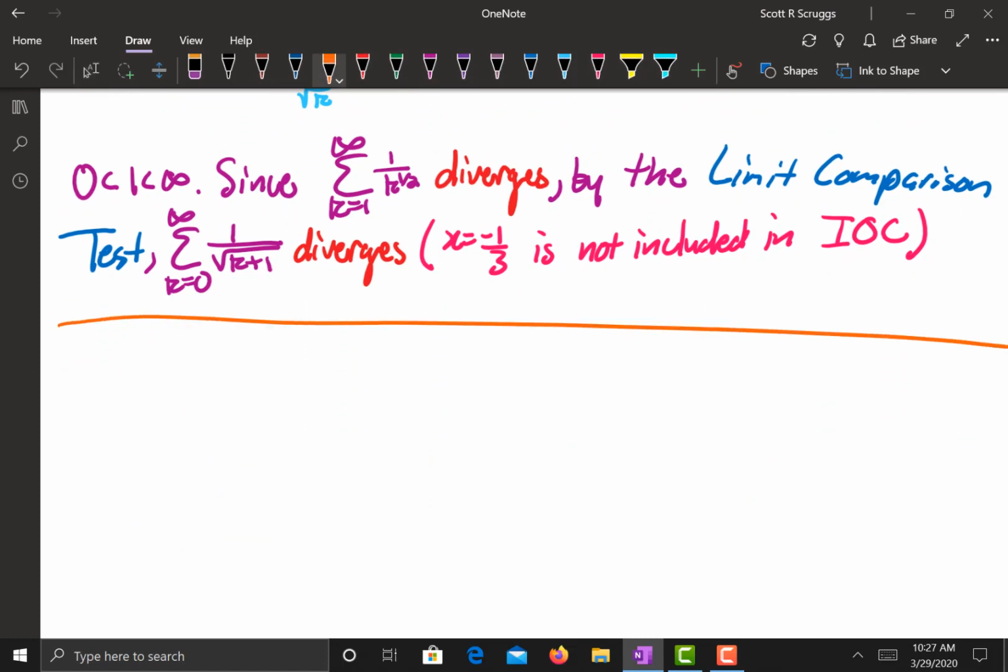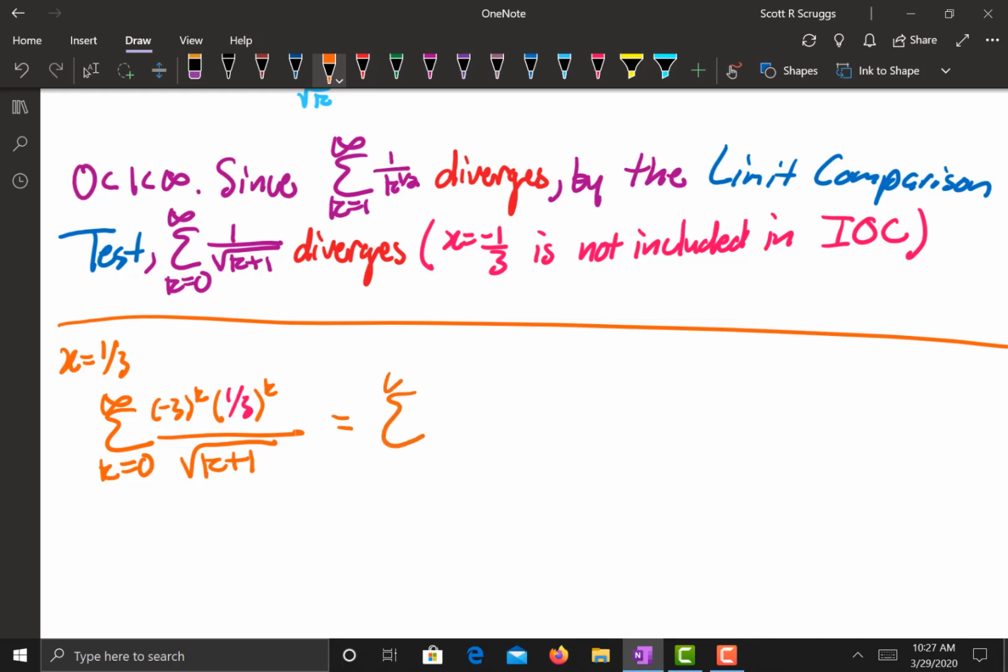All right, and let's go ahead and conclude something similar with the right endpoint. So now wherever I saw x in my power series, I'm going to plug in 1/3. I get that that is the sum from k equals 0 to infinity of negative 3 to the kth power times 1/3 to the kth power, divided by k square root of k plus 1.